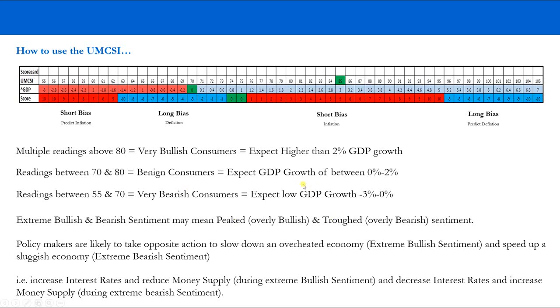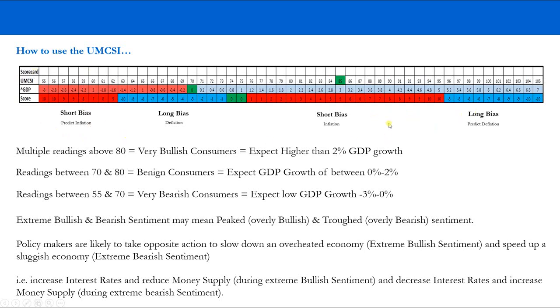There are various ways in which they can act. They can use interest rates and money supply: interest rates can be increased and money supply decreased in order to create deflation. Or they could do the opposite to create inflation, which is to decrease interest rates and increase money supply.